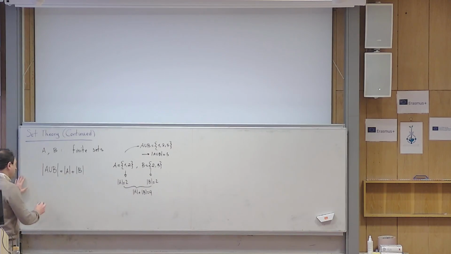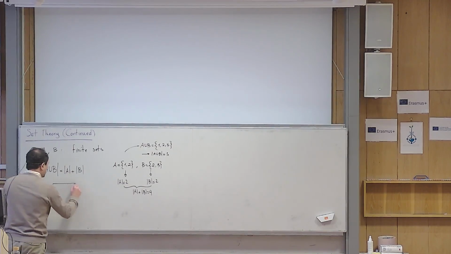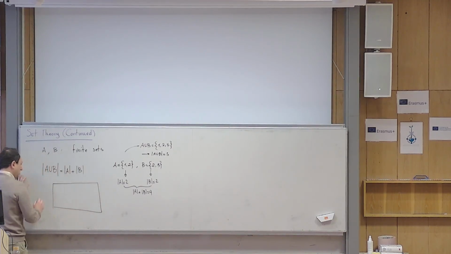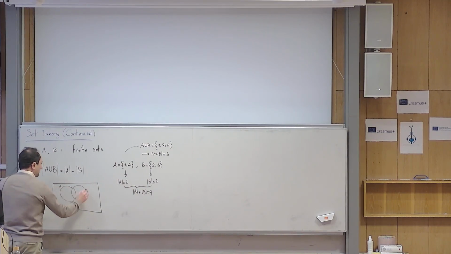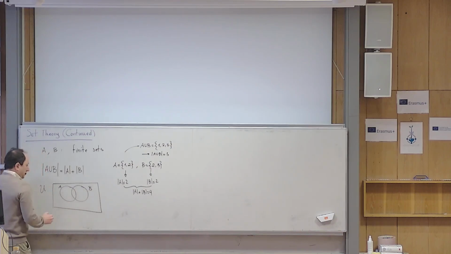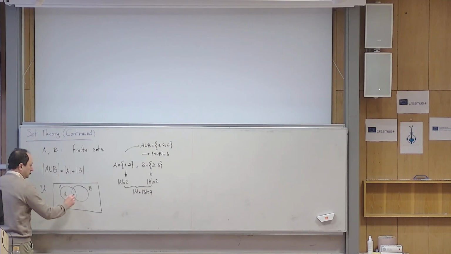I mean, the best way to understand this is probably using a Venn diagram. Okay, if I have, this is the universal set, if I have 2 sets, maybe overlapping, then I have 3 distinct regions. Yeah, so I can call this region number 1, and I can call this region number 2, and then in the middle I have region number 3.